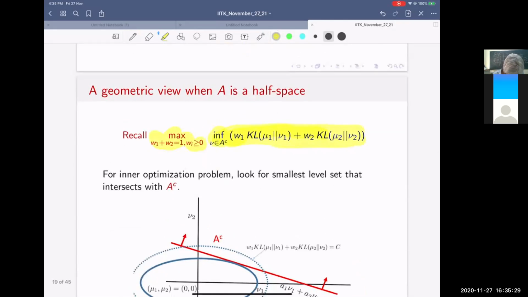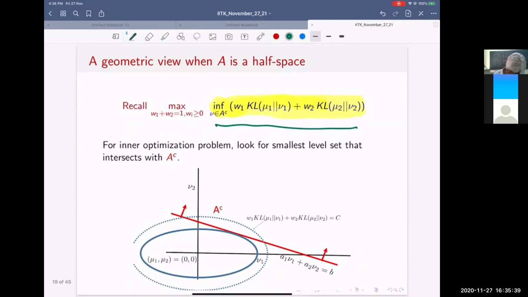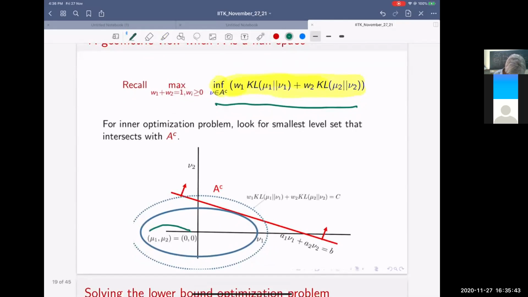So let's just talk about the inner problem, this one here. So let's assume w1 and w2 are fixed. Now my mu1, mu2, without loss of generality, I'll just assume they're 0, 0. I'll just center everything around that point. Now we know that if nu1 and nu2 were also 0, 0, then the Kullback-Leibler distance is going to be 0. So this is going to be 0 here.